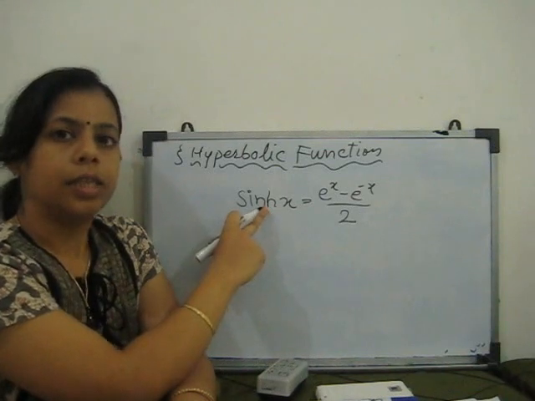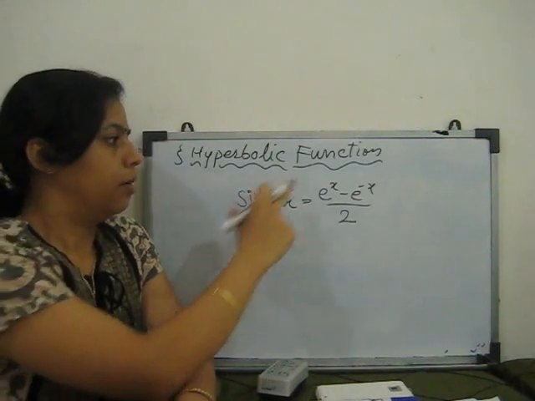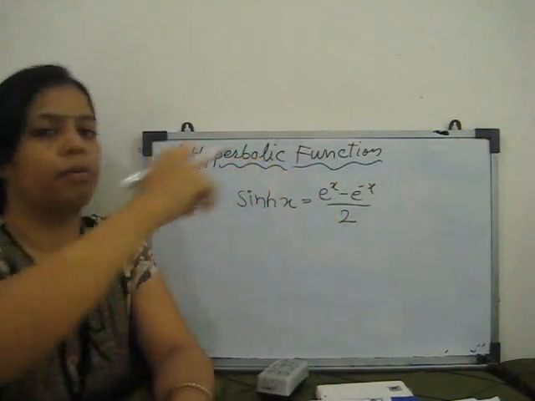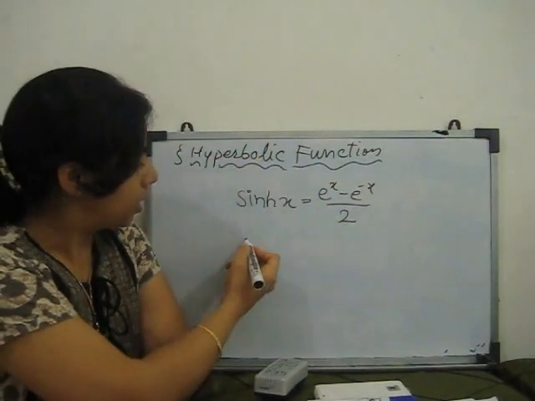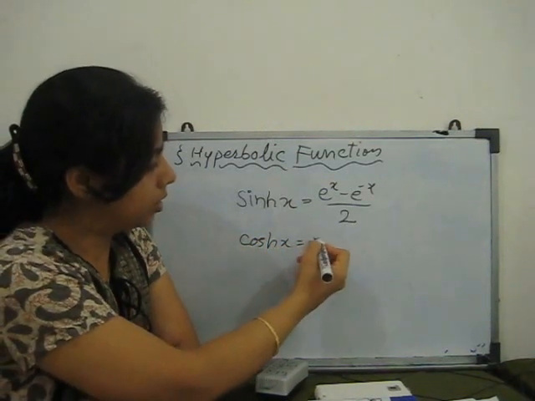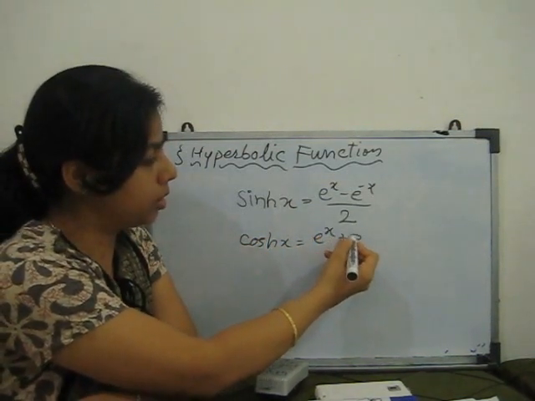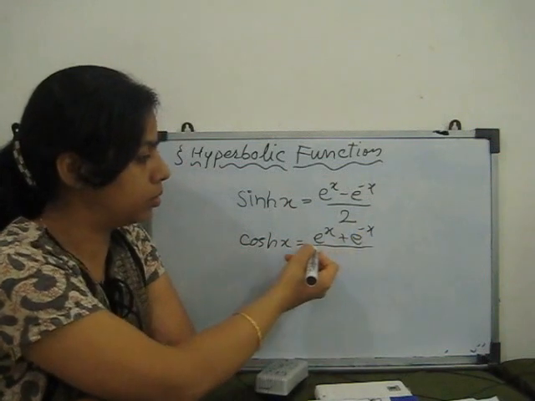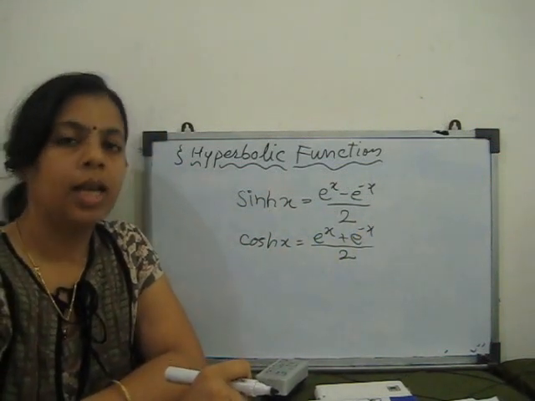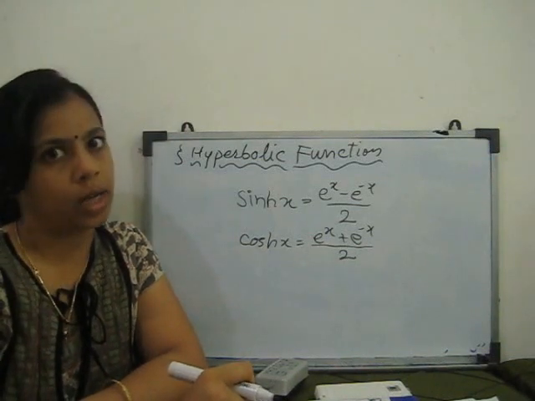It means this function has exponential values e to the power x and e to the power minus x. Similarly, cos hyperbolic x is e to the power x plus e to the power minus x, divided by 2. So these are the basic hyperbolic functions, sine hyperbolic and cosine hyperbolic.